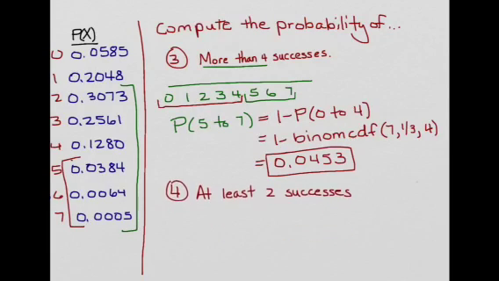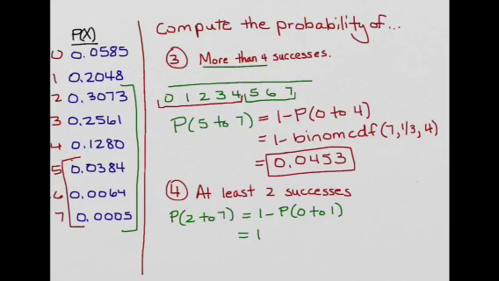So again, I could do that by adding, but because that's not always going to be practical, let's talk about how to put it into the calculator. So we're talking about the probability of from 2 to 7 successes, and that's 1 minus the probability of 0 to 1 success.